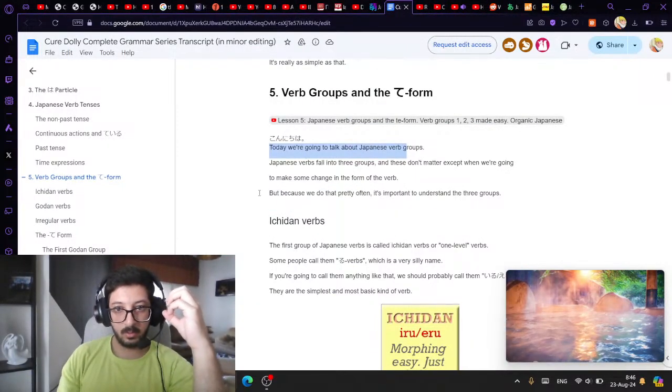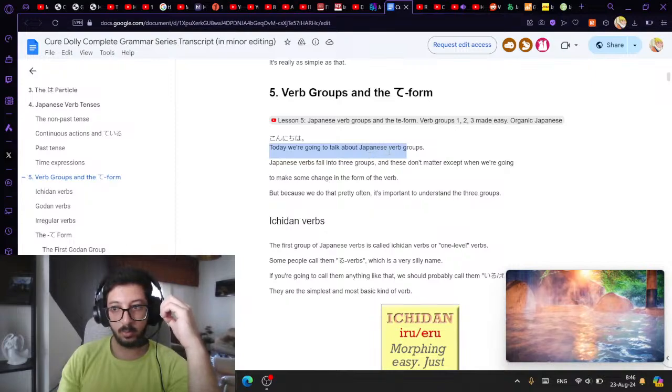Today we're going to talk about Japanese verb groups. Japanese verbs fall into three groups, and these don't matter except when we are going to make some change in the form of the verb.